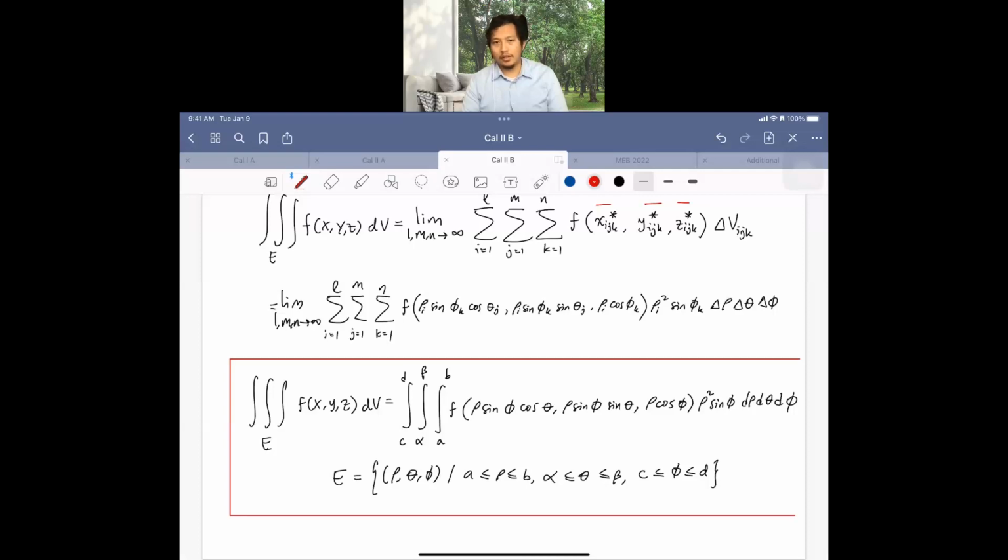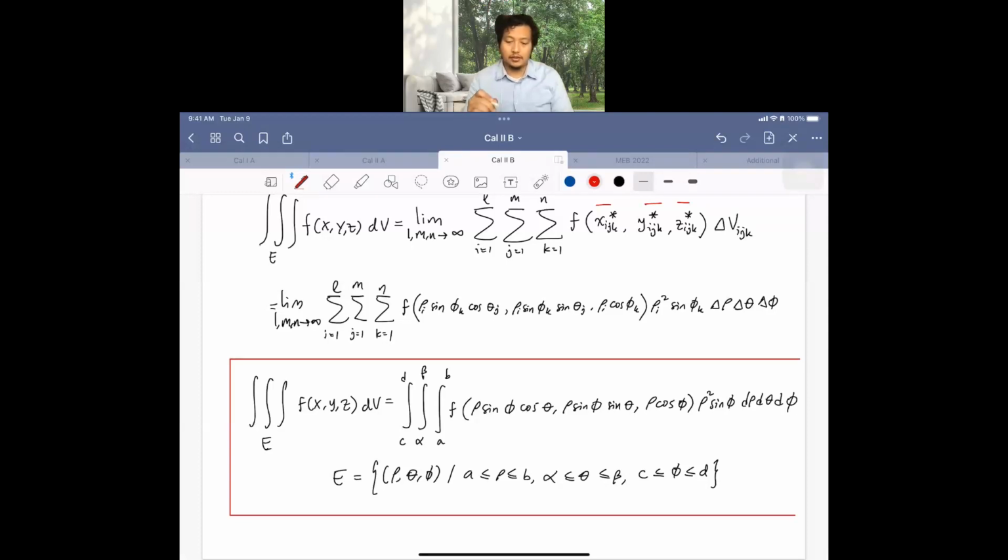So the idea behind this spherical is that later on we need to observe how we can convert some integrations that we have in xyz to the spherical coordinates. There is an obvious reason that we are going to look at.